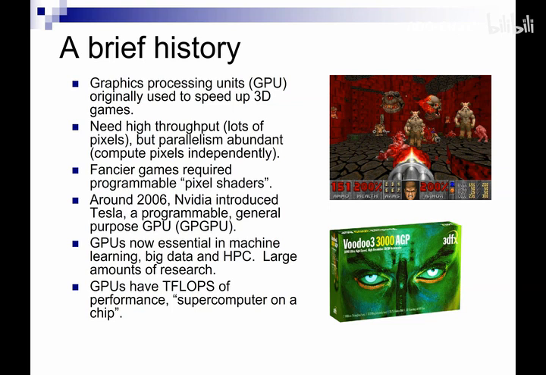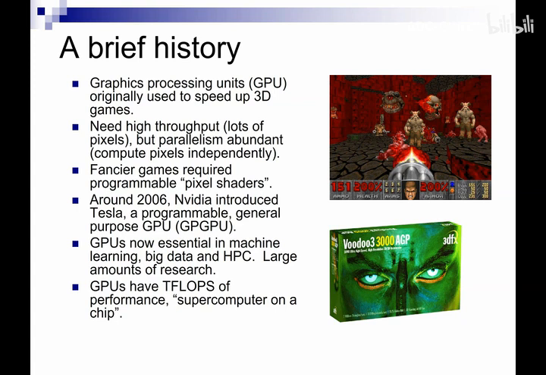So nowadays GPUs are included in many other types of computers. For example, you could have a very large supercomputer, which not only has thousands of CPUs, it also has thousands and thousands of GPUs.